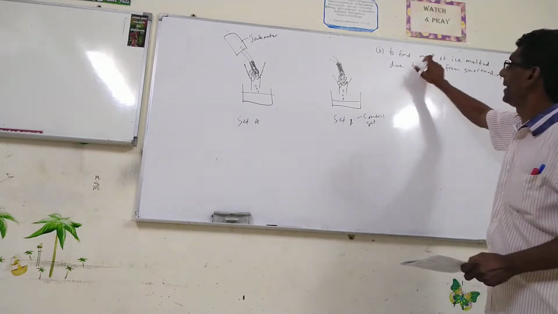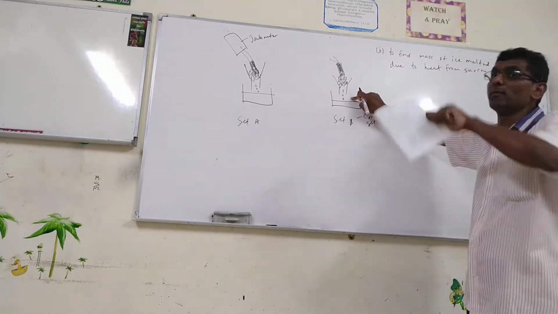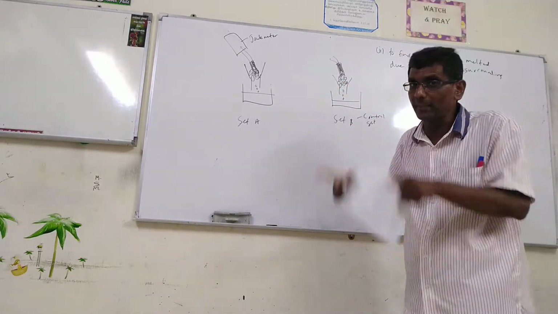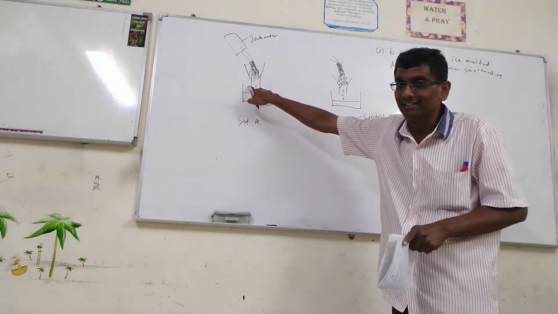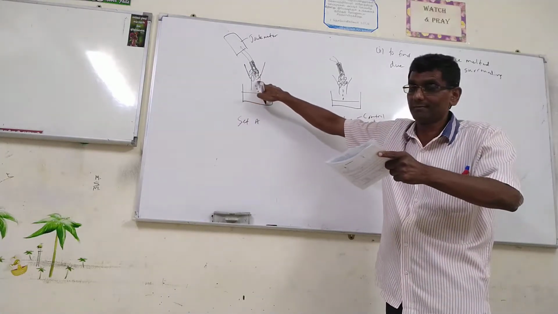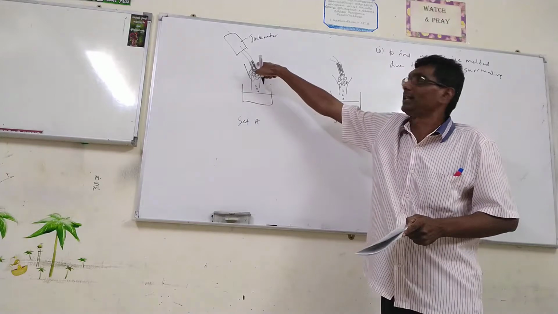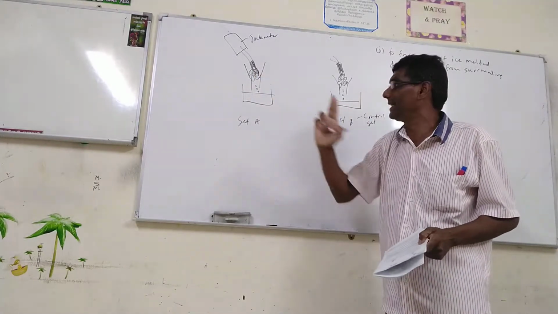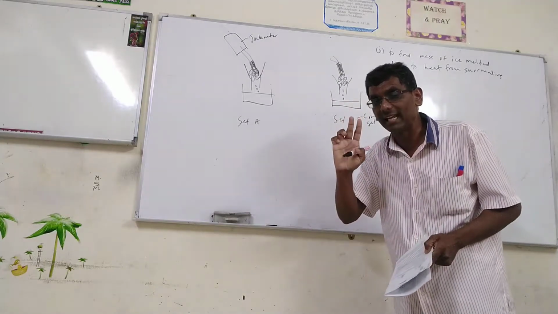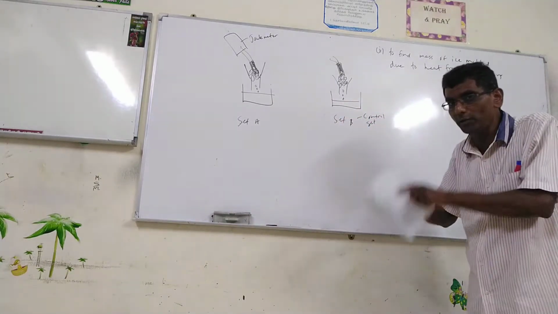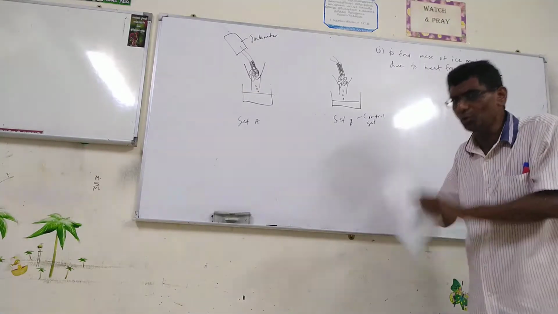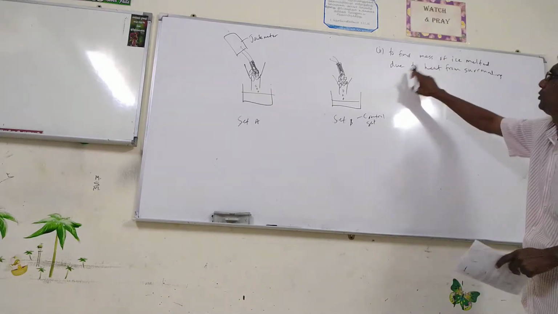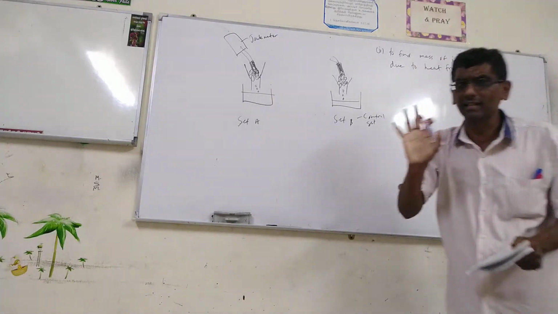They want to find the mass of ice melted due to heat from the surrounding. Because in set A there are 2 types of heat: the surrounding also has heat that melts ice, and there is heat from the heater. The heat from the heater and the surrounding heat, 2 types of heat in set A. So by set B, we find out the mass of ice melted due to heat from the surrounding only.